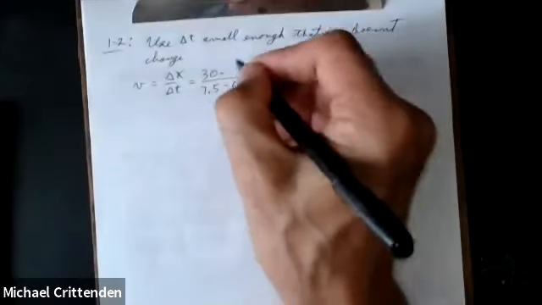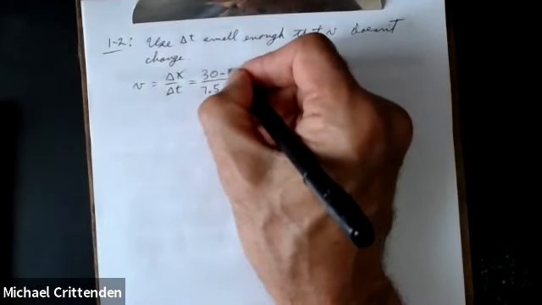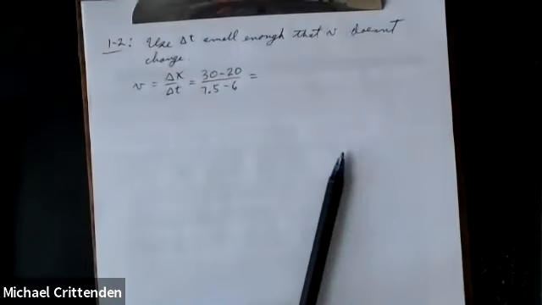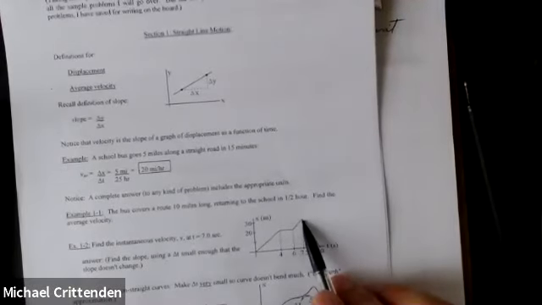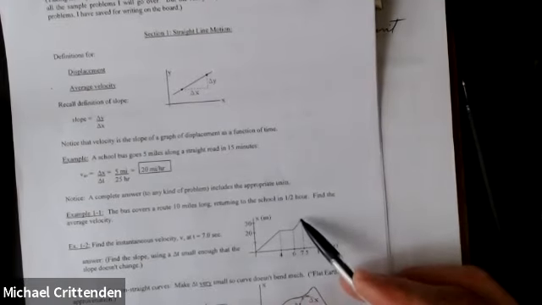At t equals 6, it was located at x equals 20. So where I'm getting those numbers from is right here, x final and t final.